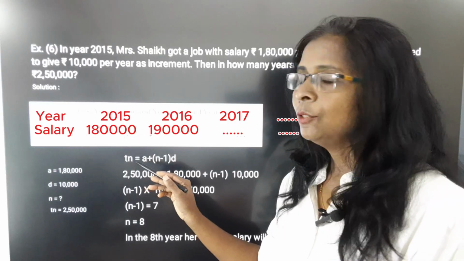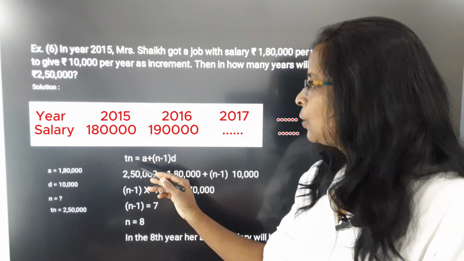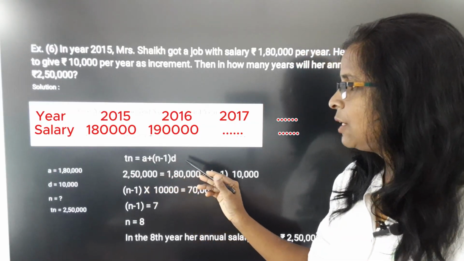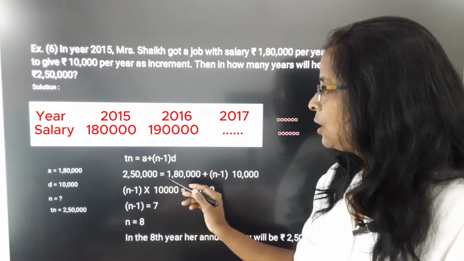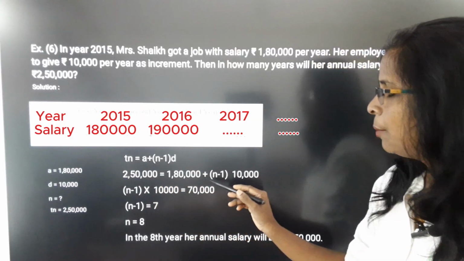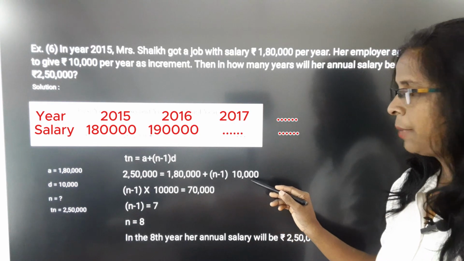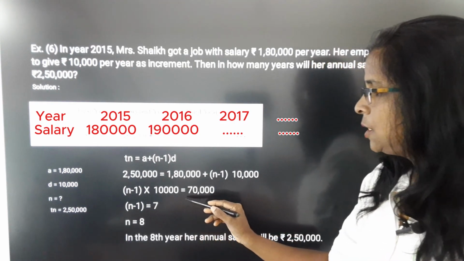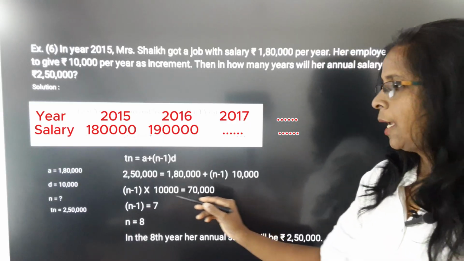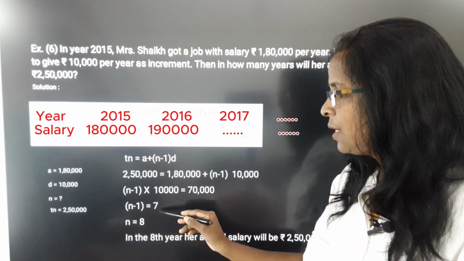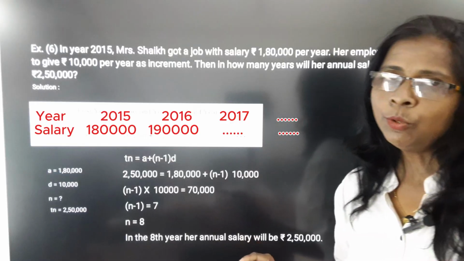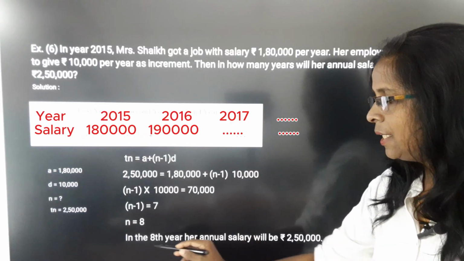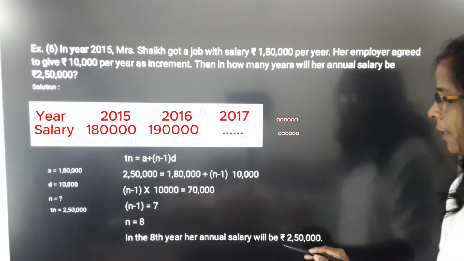So we use the formula for Tn. So Tn is equal to A plus N minus 1 D. So 2,50,000 is equal to 1,80,000 plus N minus 1 multiplied by 10,000. So N minus 1 multiplied by 10,000 is equal to 70,000, and N minus 1 is equal to 7. That means N is equal to 8. That means we say in the 8th year her annual salary will be 2,50,000.